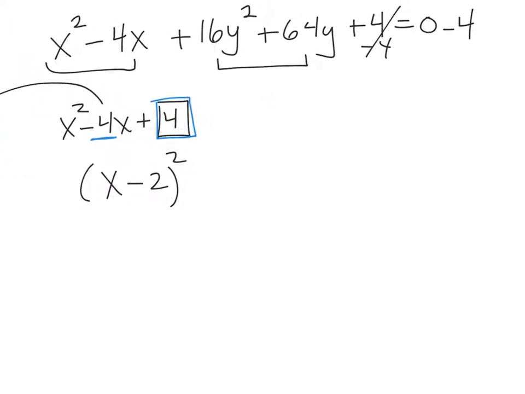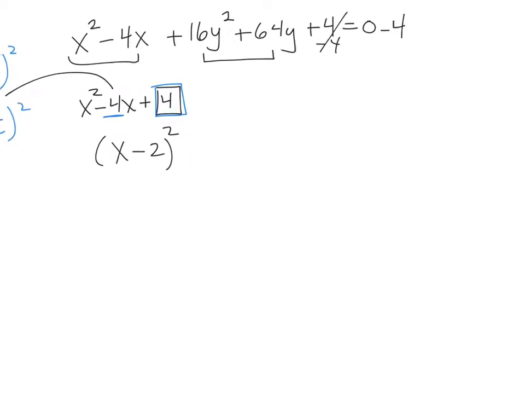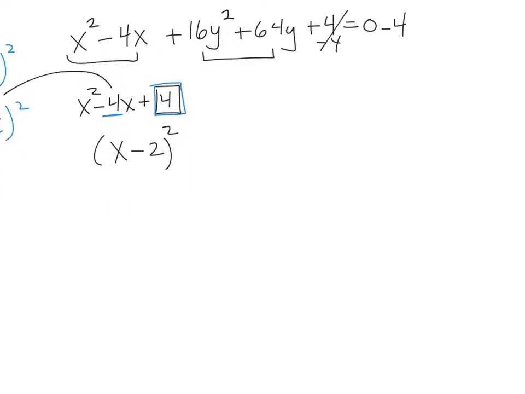But we can't just add 4 randomly to one side of the equation. We need to add that to both sides. So over here on the right, I also need to add that 4, just to keep the equation the same.